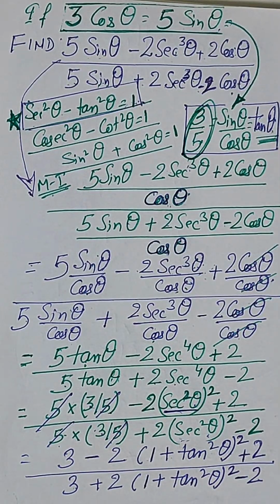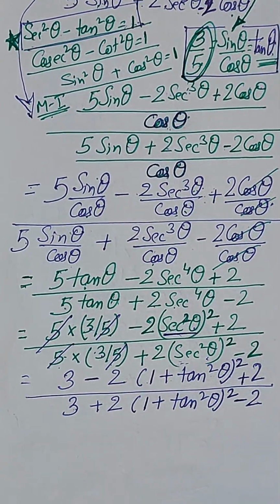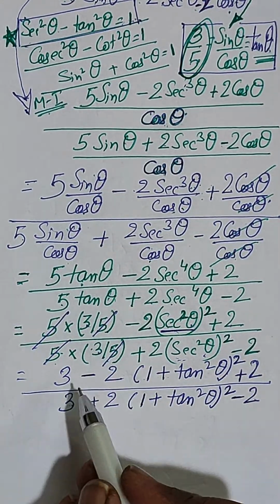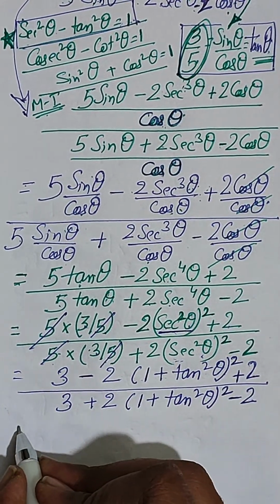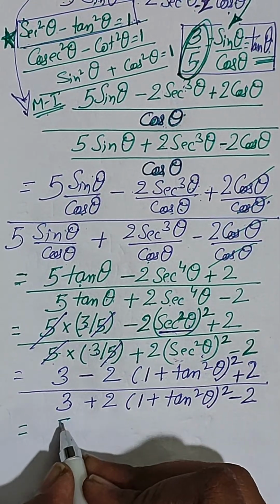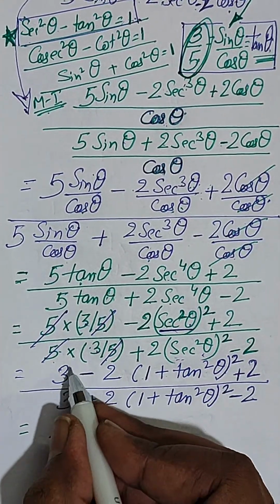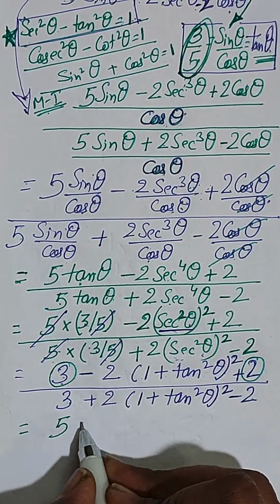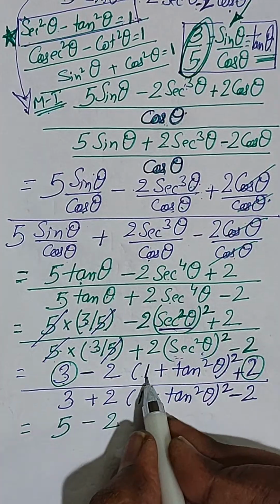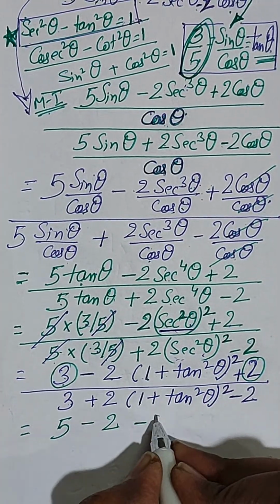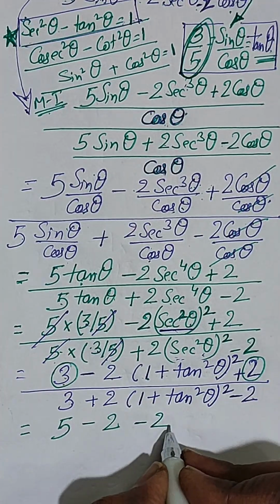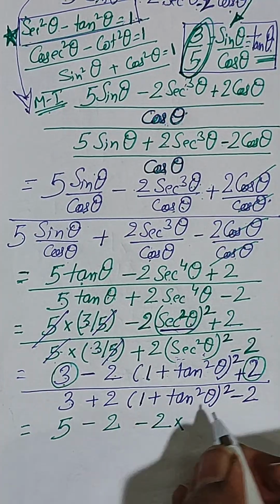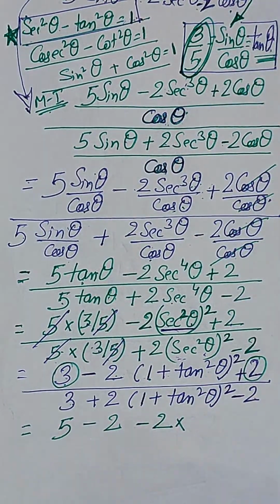Now this will be giving you 3 plus 2 is 5. It is equal to 5. This 3 and this 2 is 5 minus 2, 2 multiplied with 1 minus 2 times tan square theta, that is, tan theta is 3 by 5, right?